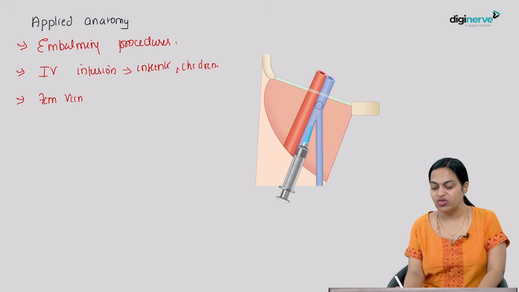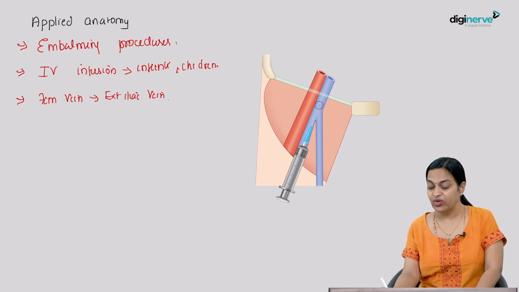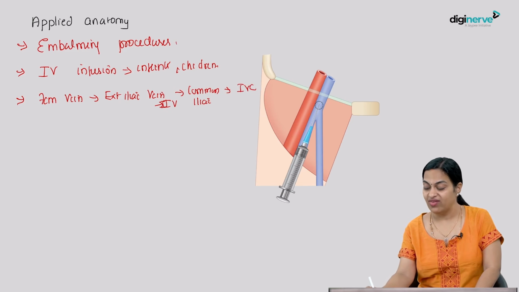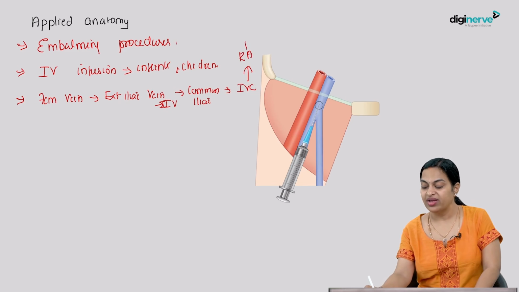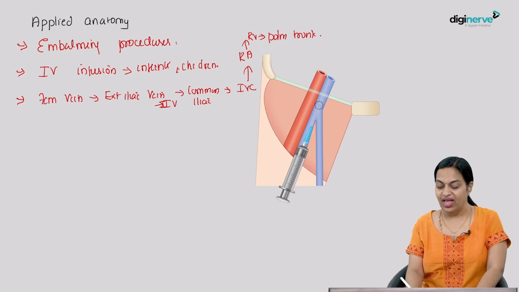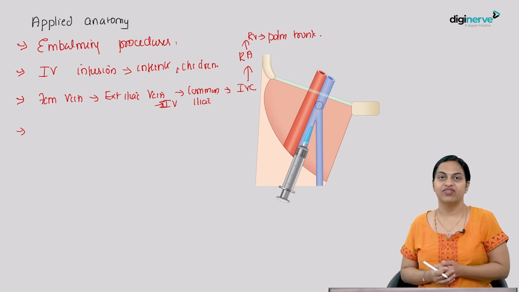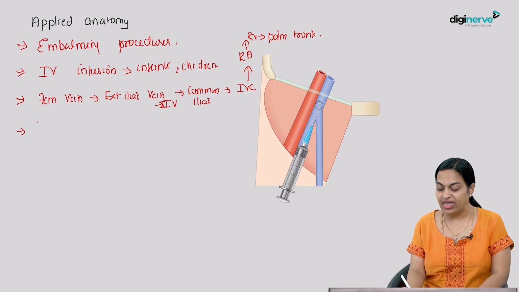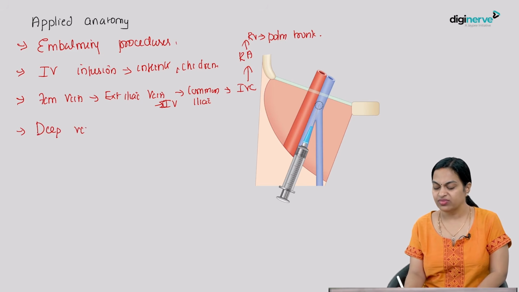So it will pass through the femoral vein, the external iliac vein, and then it unites with the internal iliac vein to form the common iliac vein. And the common iliac veins of both sides unite to form the inferior vena cava, into the right atrium, right ventricle, as far as the pulmonary trunk. And the other thing that is very, very feared is deep vein thrombosis.